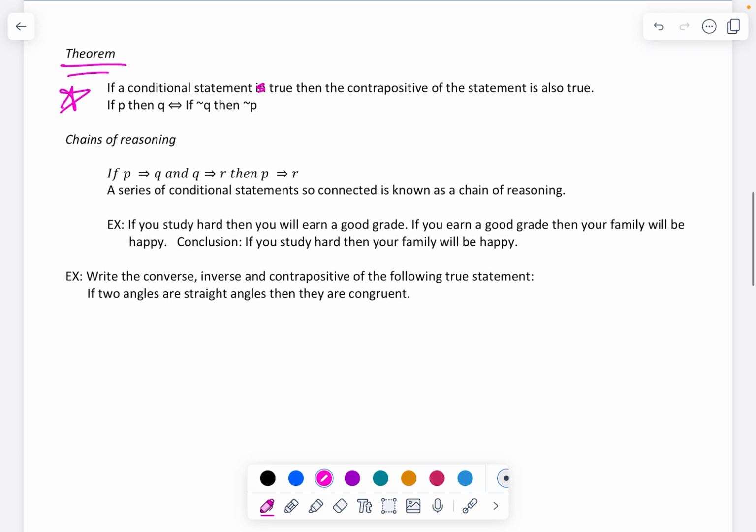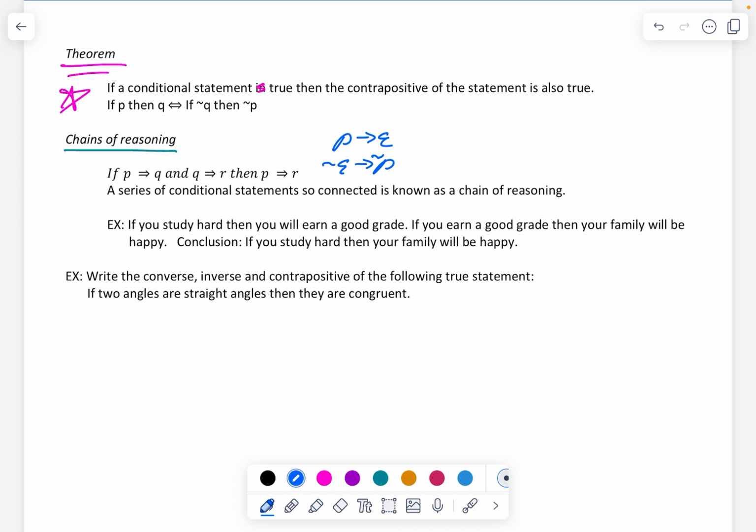Now, we started getting a little bit into this with the last section, but chains of reasoning. We talked about the other day, you can only go with the river. Only if you have P can you conclude Q. If you start with Q, you can't make P a conclusion. The river only goes one way. However, as we just talked about, if you have P implies Q, then we also have not Q implies not P. Then the contrapositive is also true.